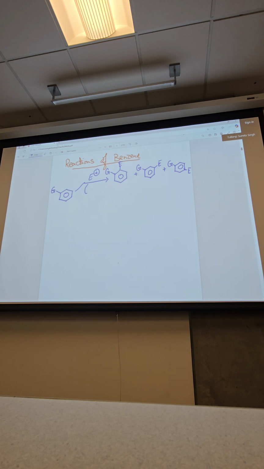Because something electron poor came in, so something electron poor should be kicked out to make space for this. Exactly. But please notice G was not affected. The group, whatever that group is, stayed where it is. It's the electrophile that pushed out an H plus from one of the other positions and took its spot.